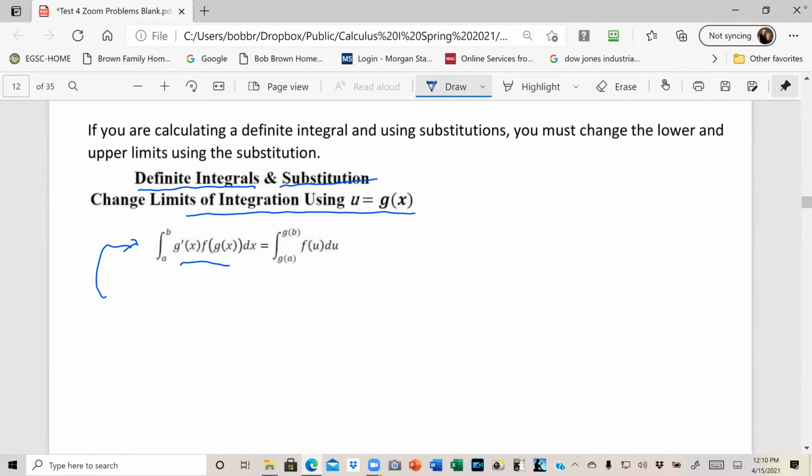In other words, you'll have an upper limit u equals g of b, where b is the upper x, and a lower limit u equal g of a, where a is the lower value of x.